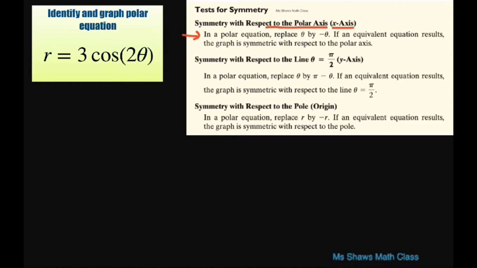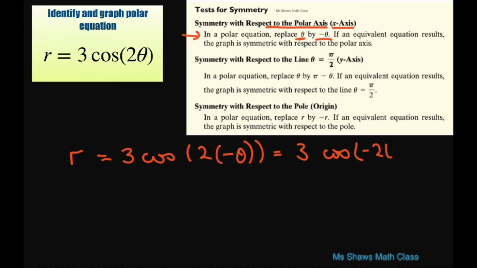x-axis. So basically what you do is you take your r equals 3 cosine of 2 theta, and instead of theta, we're going to substitute in negative theta. All right, so this is going to equal 3 cosine of negative 2 theta.